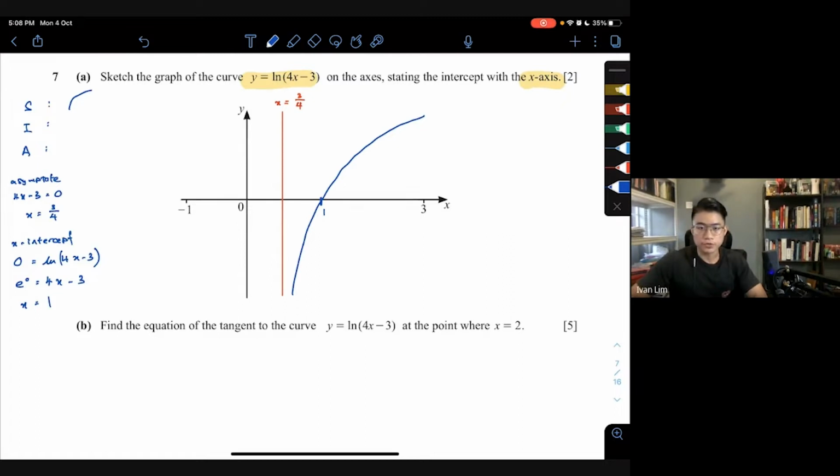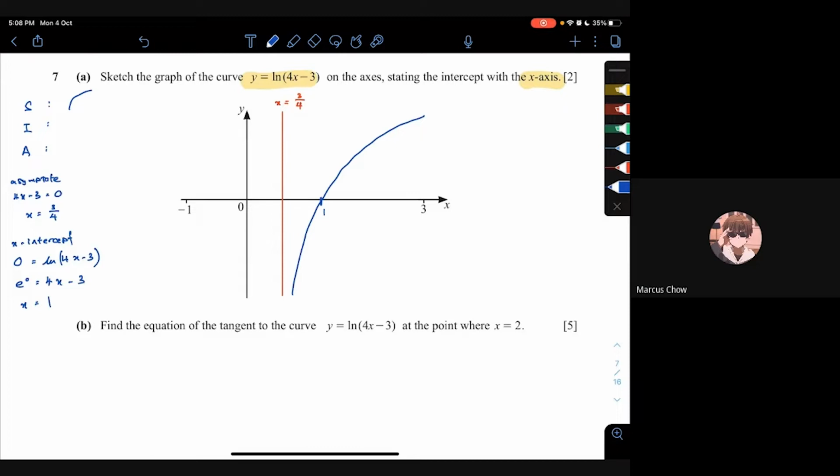Anyone have issue with this? This is a 2-mark question already. Teacher, if I didn't draw the red line, but I wrote 3 over 4, do I get marked? You have to draw it. That's 1 mark. Yes, you have to show your asymptote. Usually to find the asymptote, you just set the argument inside the ln to 0.